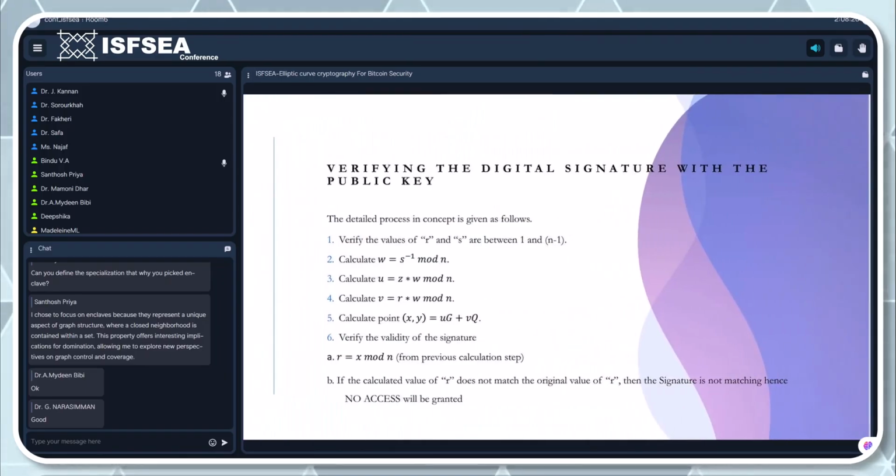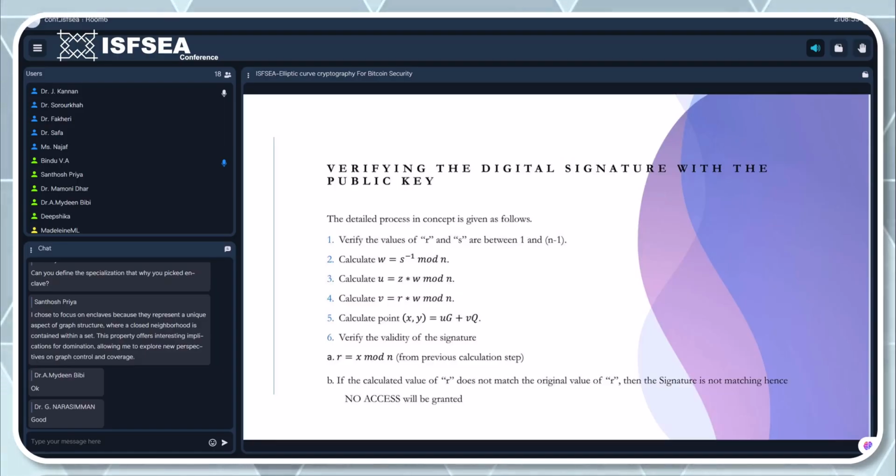Next one. Verifying the digital signature with the public key. These are the procedures. The detailed process is given as follows. Verify that the values of R and S are between 1 and n minus 1, which is the digital signature value. Then we calculate W equal to S inverse mod n. Then calculate U equal to Z into W mod n.